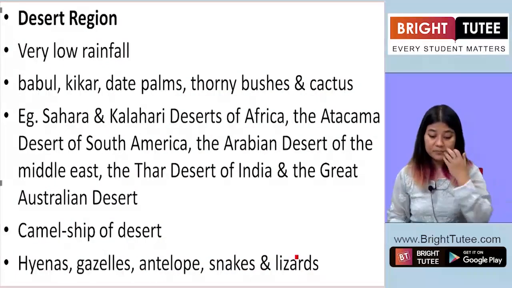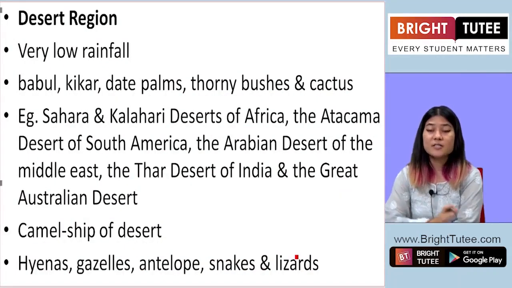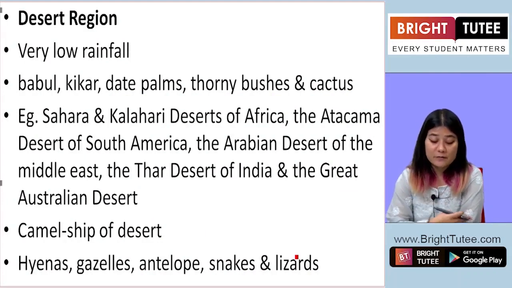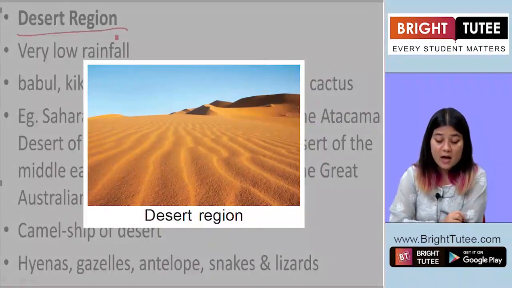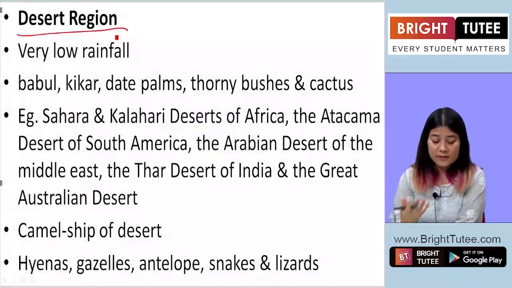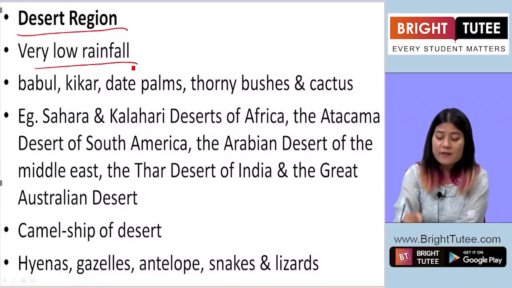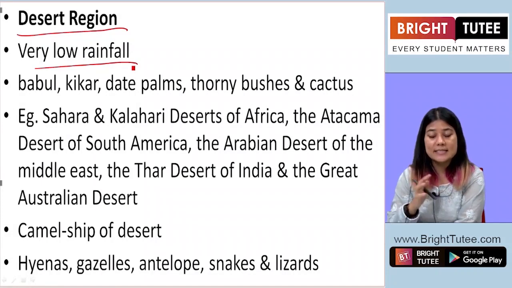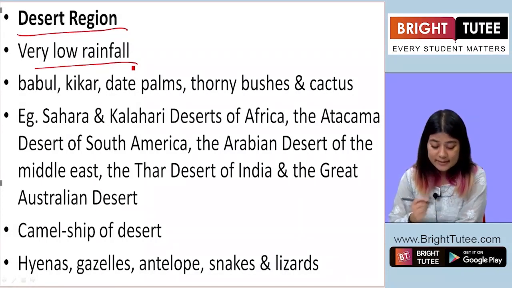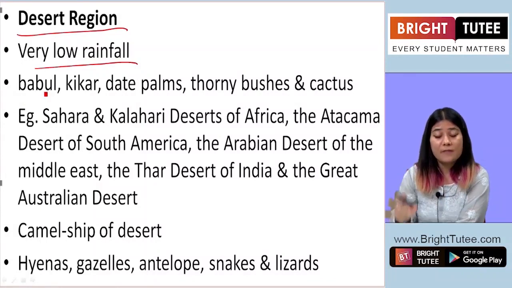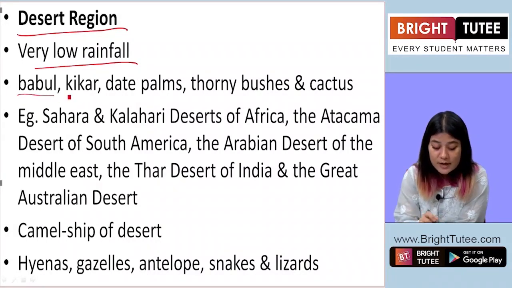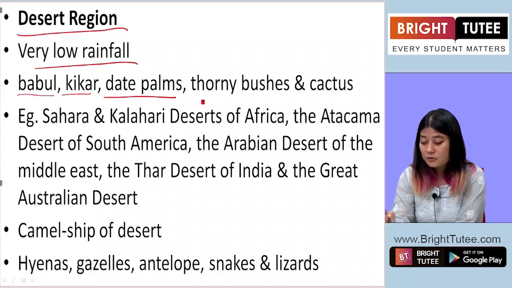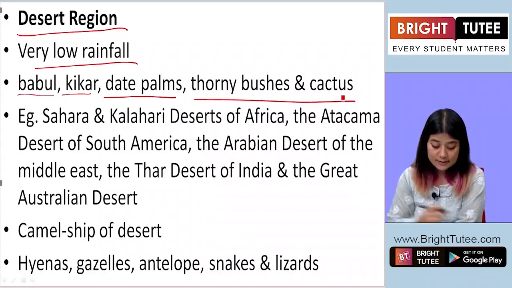Okay. Now the next kind of vegetation that we find is in the desert area. Now in the desert, obviously we know it has very low rainfall, scanty rainfall, okay. And here, because of the scanty rainfall, the vegetation that we find are babul, kikar, date palms, thorny bushes, and cactus, okay.